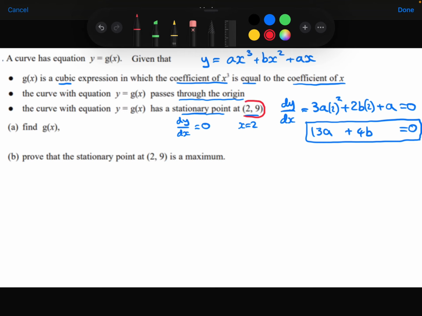Now, I also know that the curve will pass through that stationary point, will pass through the point 2, 9. So I can substitute 2 in here, here, and here, and then substitute the 9 in here.